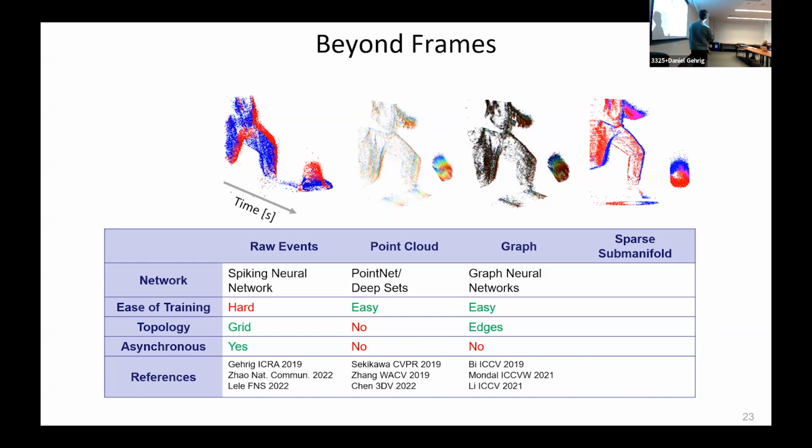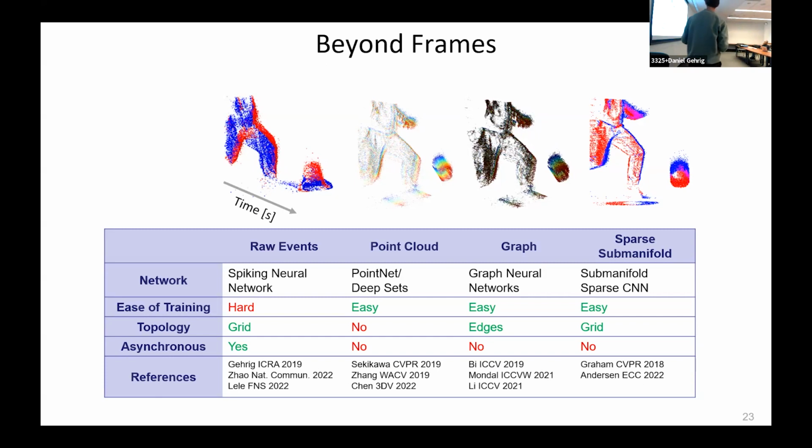Graph neural networks improve this aspect because now they can connect the nodes, and the nodes can pass information. This means that we can learn local structures in the event stream, but still they are processed in batch. Finally, there are also submanifold sparse convolutions, which treat events like a submanifold embedded in 3D space, and then do a convolution along the submanifold.